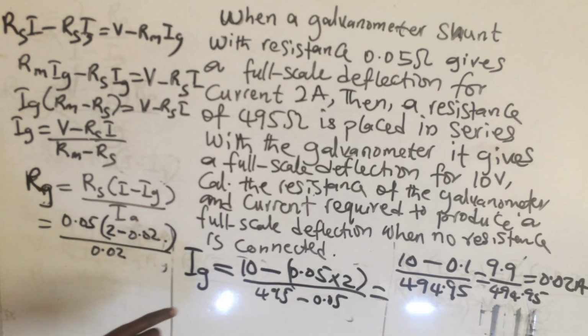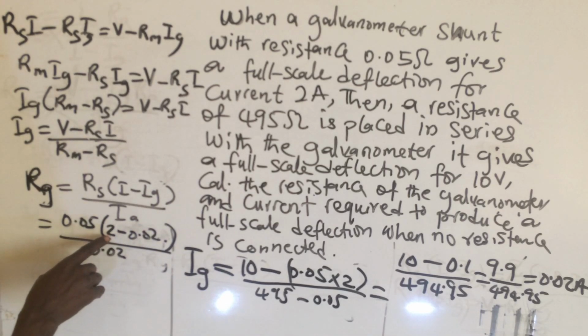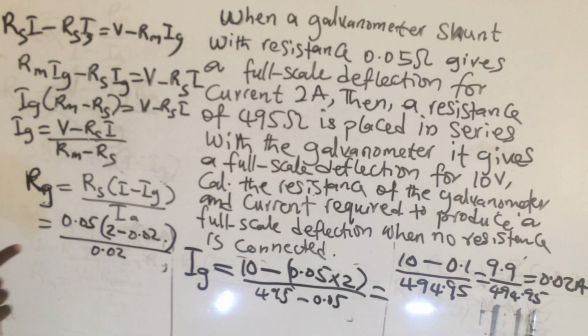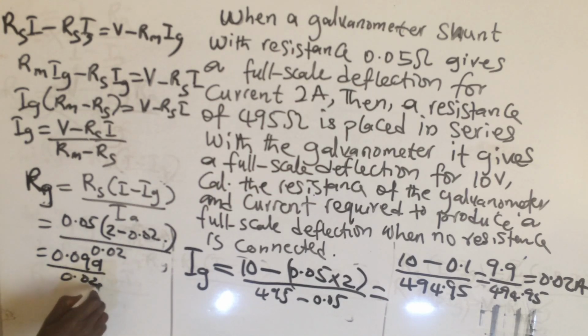So when we subtract from here and multiply with this, we will now have 0.099 all over 0.02.